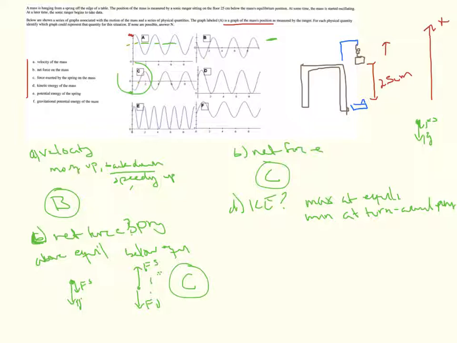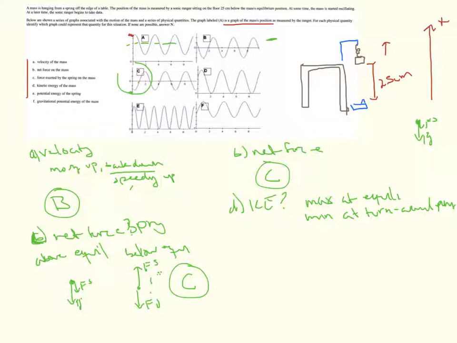So I'm looking for something that starts out a little bit positive, but then immediately goes to 0 as it turns around, and then it's going to get bigger on its way to equilibrium. Except it should never be negative, because the kinetic energy will always be positive.